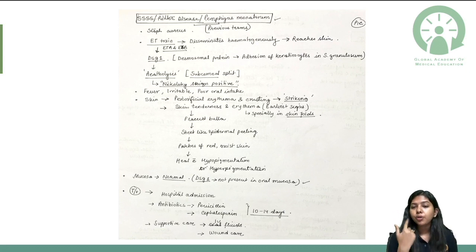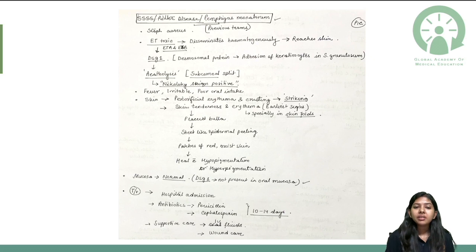You also get periorificial crusting and fissuring, which is very striking, right? And the skin is very tender to touch. If you touch it, it's going to be very painful for the child, correct? The mucosa here is normal, of course, because desmoglein 1 is compensated by 3 in mucosa, right? We had remembered. So mucosa here is normal.